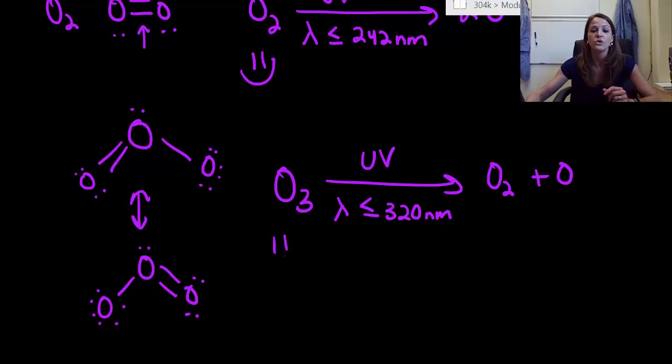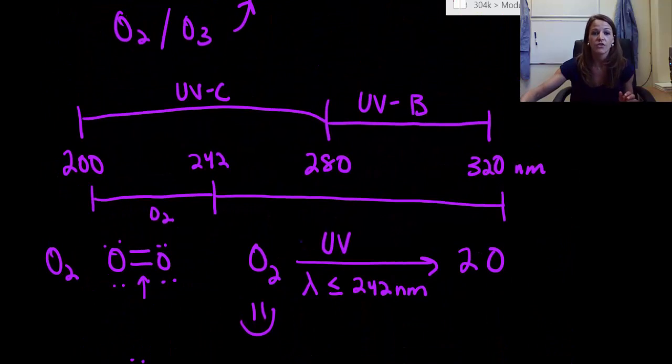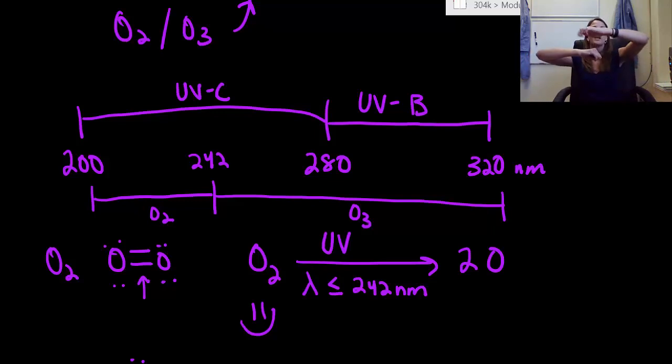So thank you so much, ozone. Ozone protects us from 242 all the way to 320, simply because the bonds of ozone are weaker than the bonds in oxygen. So these lower energy radiation pieces can break the bonds of ozone. They absorb that energy and block it from coming down all the way to us on Earth.